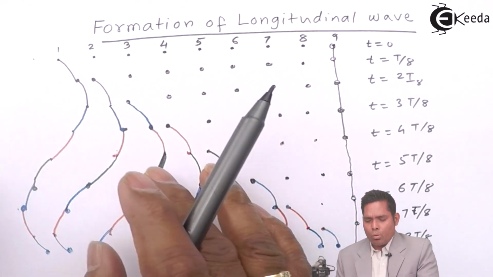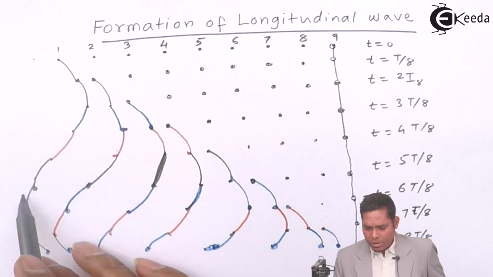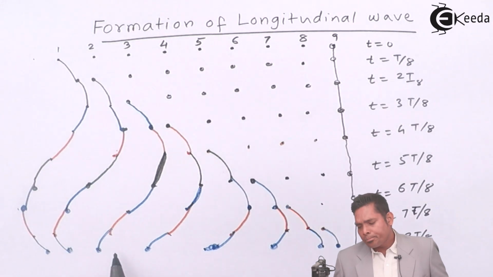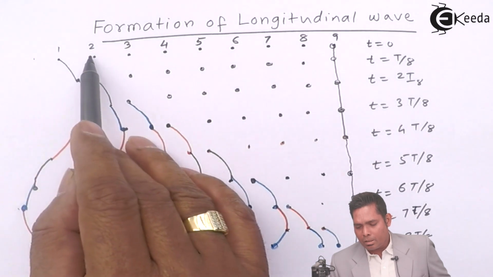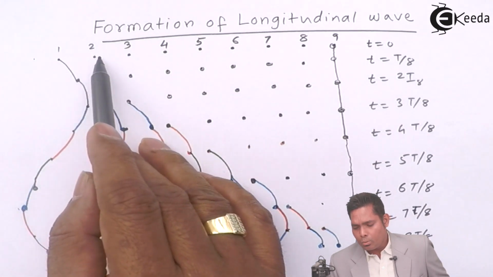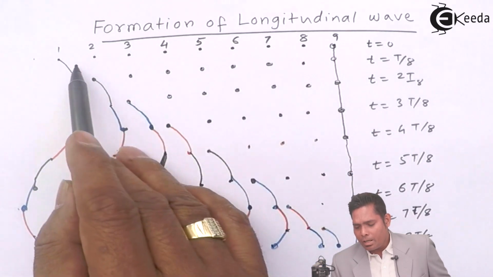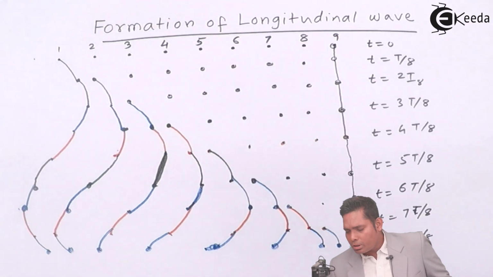So this way you go step by step, and you will see that when this first particle completes one oscillation, this is a complete wave profile, and at that time the last particle is hit, because each step is T by 8, so 1, 2, 3, 4, 5, 6, 7 and 8. By the time it completes one oscillation, this particle is about to receive the oscillation.